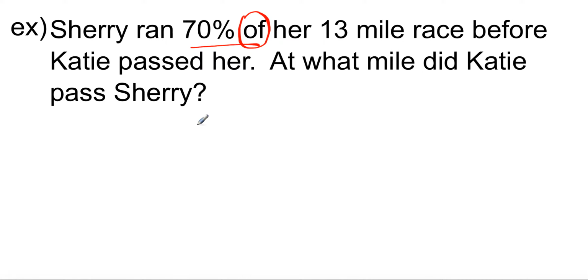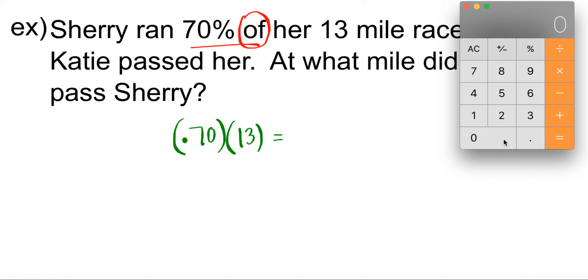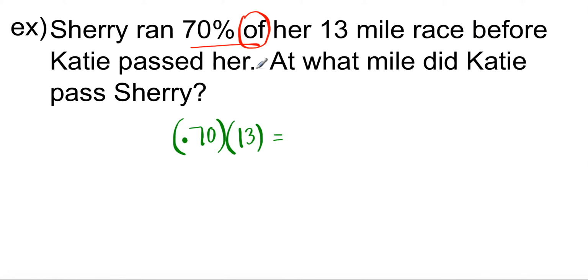I would take my 70% and change that to 0.70. And like I said in the last slide, of means multiply. So multiply that by 13. Get your calculator handy, clear it out. 0.7 times 13. And Sherry is at the 9.1 mile. So Katie passed Sherry at the 9.1 mile mark.